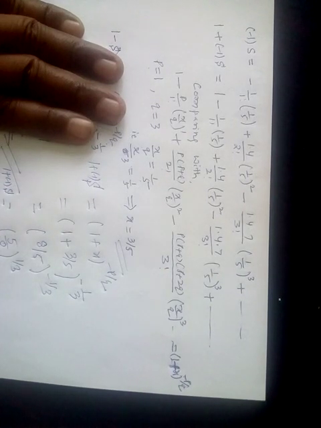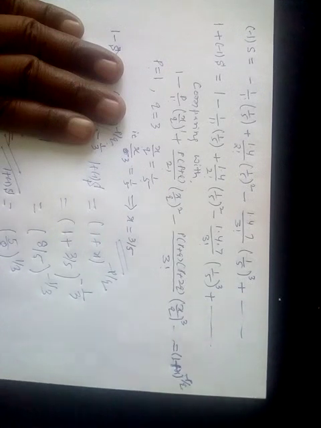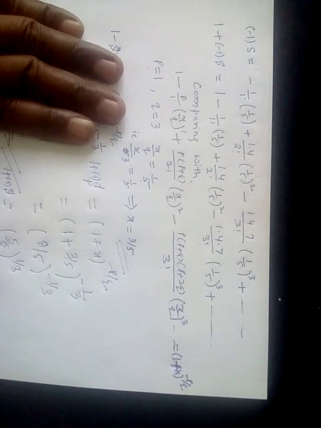Now you have to solve for S. First I will take 1 to the RHS: minus 1 into S is equal to minus 1 plus cube root of 5 by 8. Now I will multiply by minus 1 to make S positive.